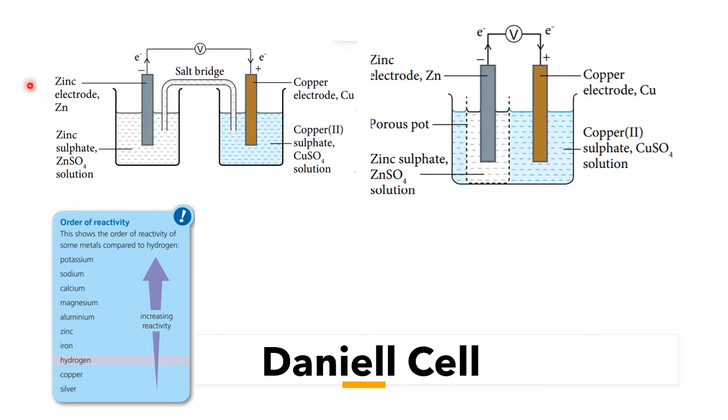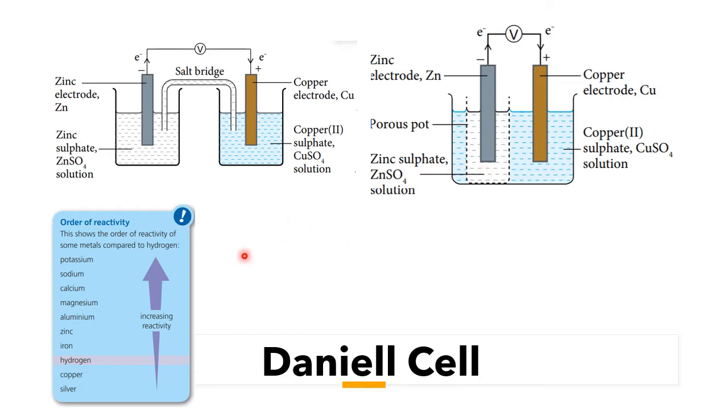This means the zinc electrode is dipped into a zinc sulfate solution, while the copper electrode is dipped into a copper(II) sulfate solution. Both salt solutions are connected by a salt bridge or separated by a porous pot. What is the function of the salt bridge and porous pot? The function of the salt bridge and porous pot is to allow the movement of ions.